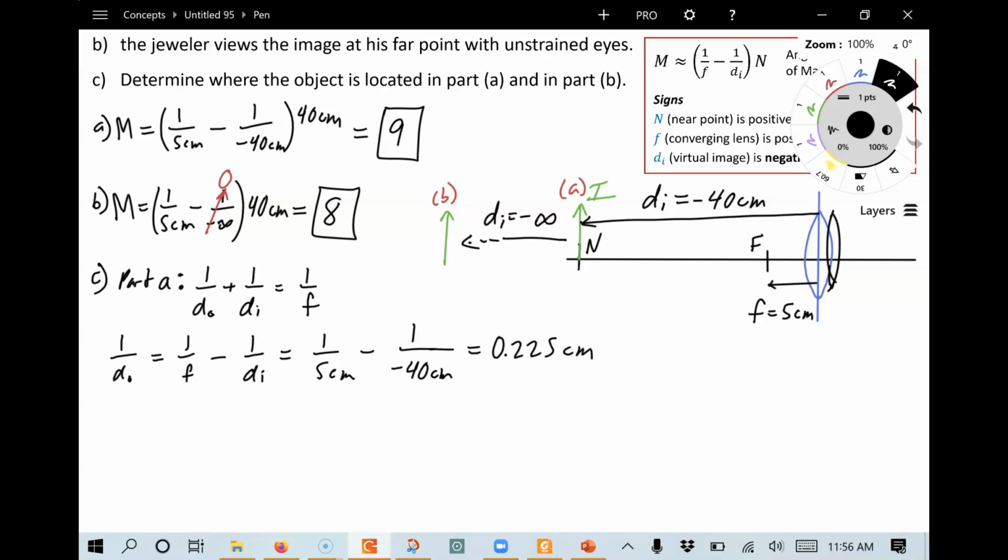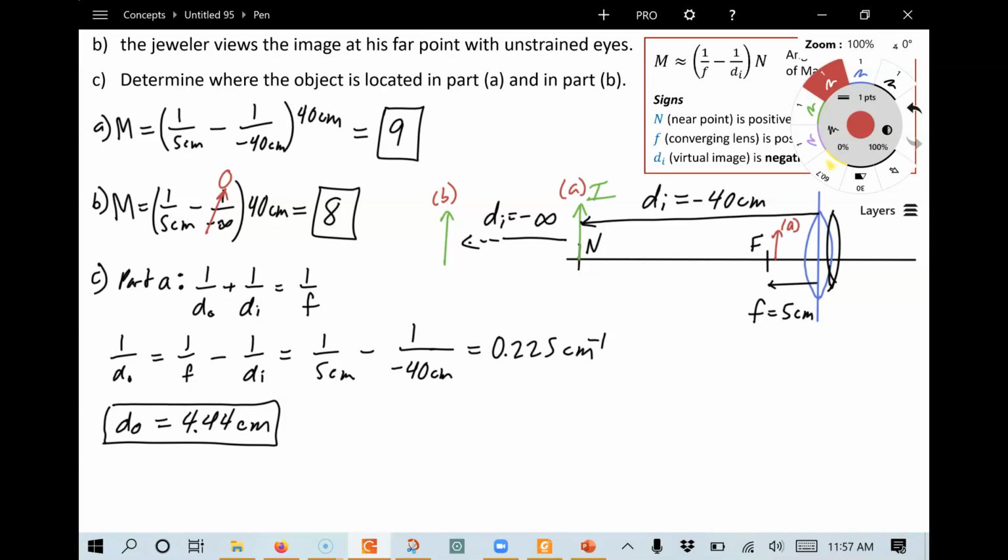And when we take the reciprocal of that, we're going to get do is equal to 4.44 centimeters. So for part A, we've got the object is going to be about right there or so, right? There's part A.